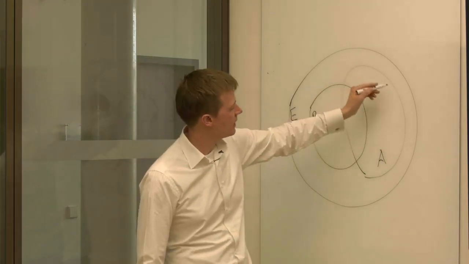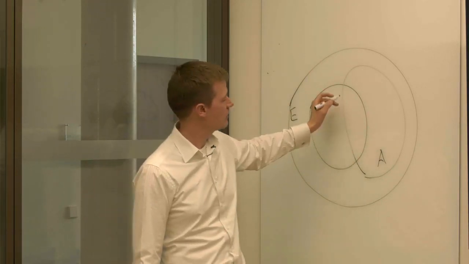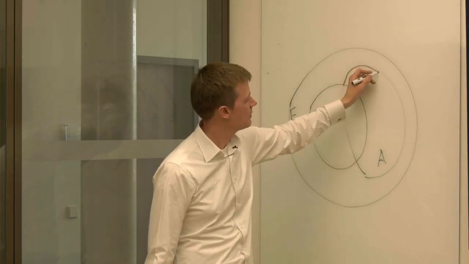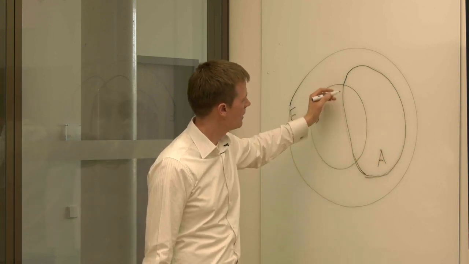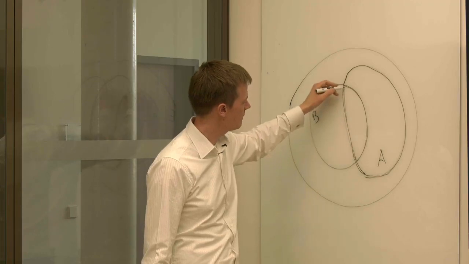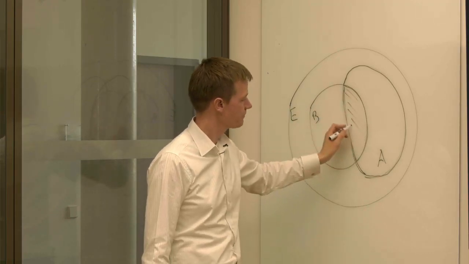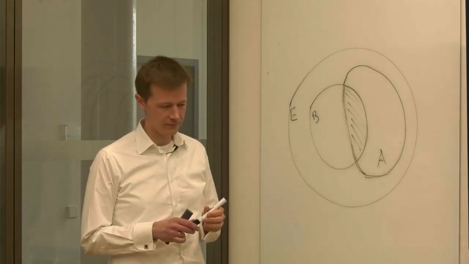Now we assume that the probability of A is larger than 0, and we can construct a new probability on just this domain by computing the probability of this subdomain and dividing it by the probability for A.